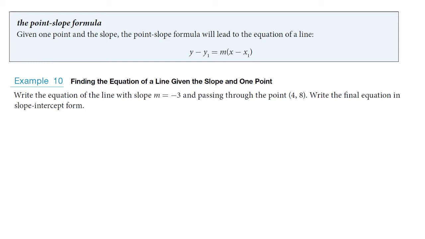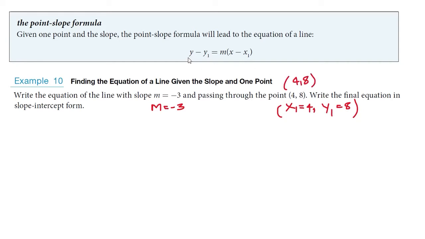So in example 10, we're asked to find the equation of a line, given the slope and 1 point. The slope of the line, m, is equal to -3, and the line passes through the point 4, 8. So x1 equals 4, and y1 equals 8.